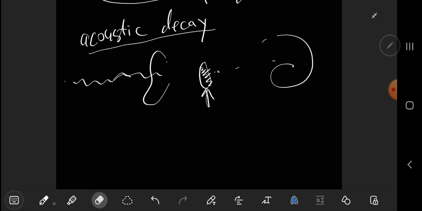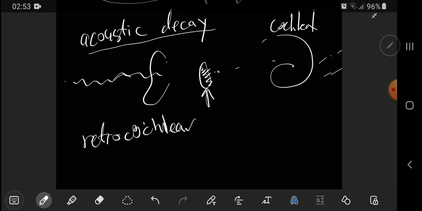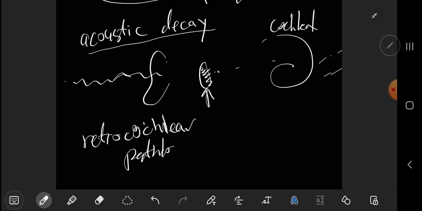This is characteristic of what is called retrocochlear pathology, in which the lesion is behind the cochlea. The cochlea is here, and it's behind the cochlea in the direction of the brain. So a retrocochlear pathology, like acoustic schwannoma, has the characteristic of acoustic decay.